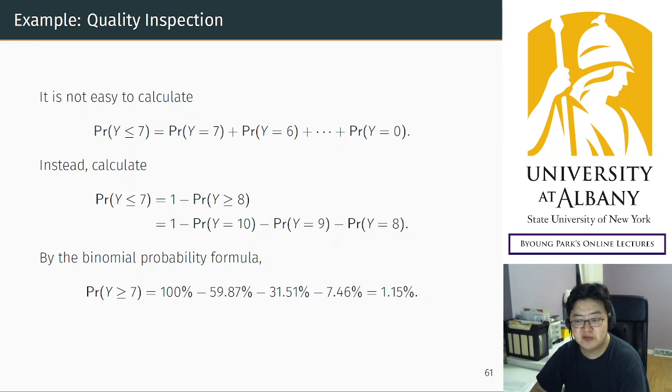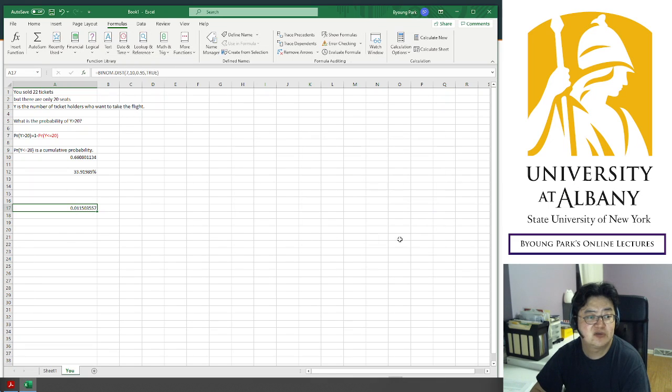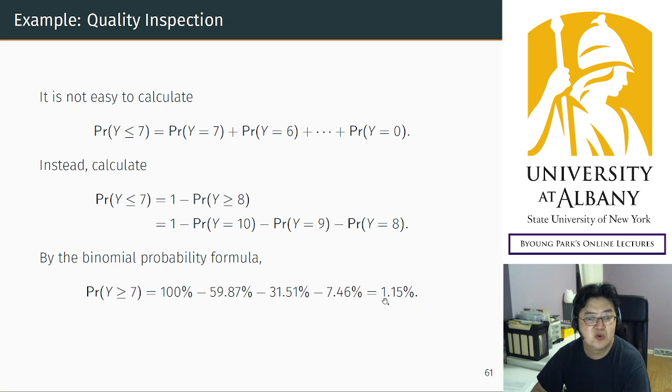So it is a cumulative probability. So just put in as it is 7 out of 10 batteries, 7 or fewer non-defective batteries, and that probability is 95%. Change it to probability. It's 0.1504, which is what we get, right? Up to rounding errors. So this is another example where you can use the binomial distribution.